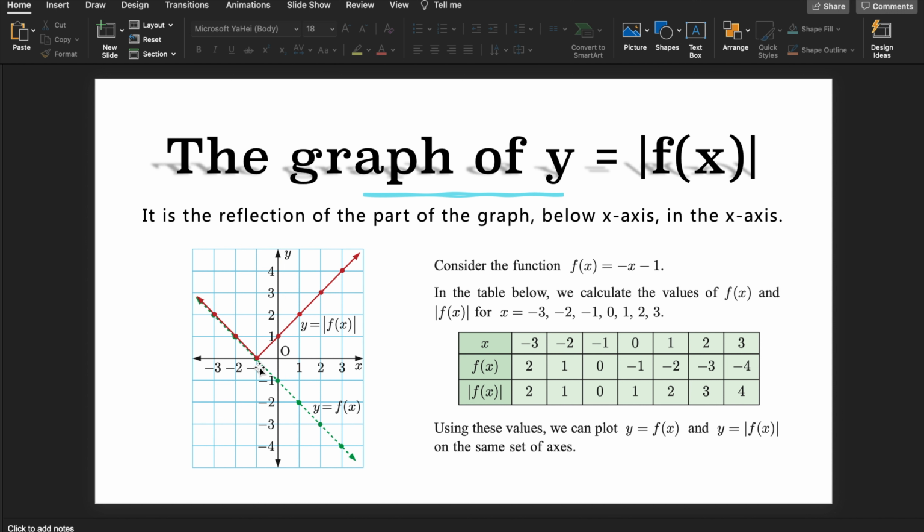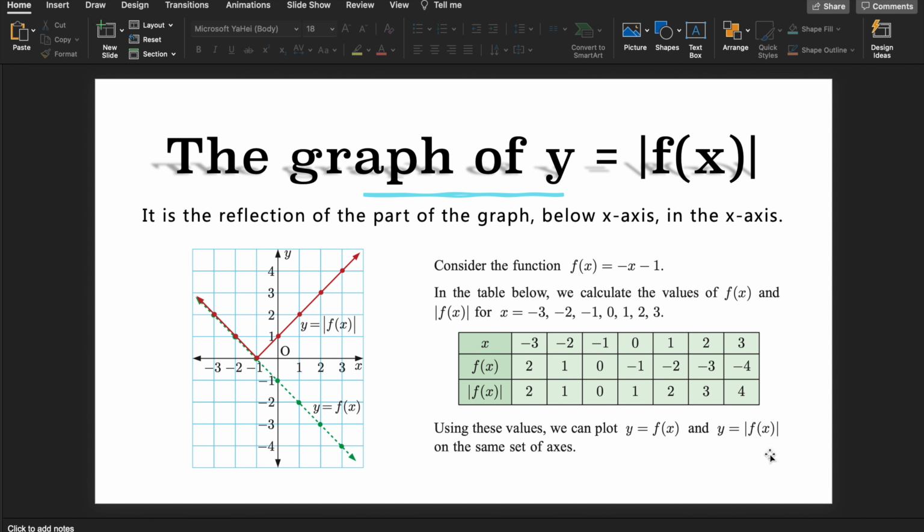Here, this part was below the x-axis, so just imagine this is like a mirror, so it will form the image exactly like that side. Therefore, this is the graph of the modulus of f of x. So yeah, that's basically it. If you want, you could read this.